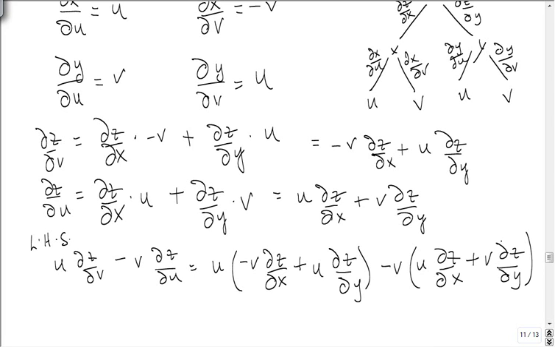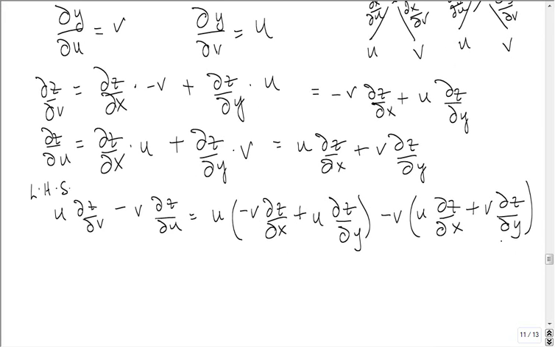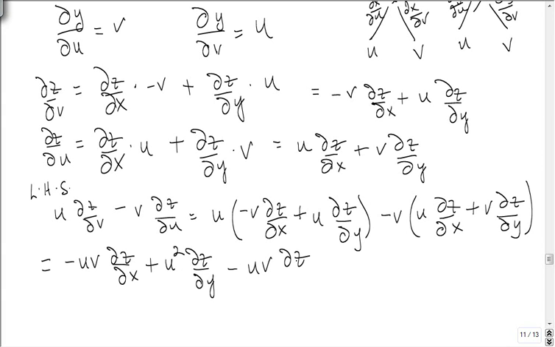Okay, so let's simplify that. We distribute. So this is minus UV partial Z partial X plus U squared partial Z partial Y minus UV partial Z partial X minus V squared partial Z partial Y. Now always look back to what you have to get.